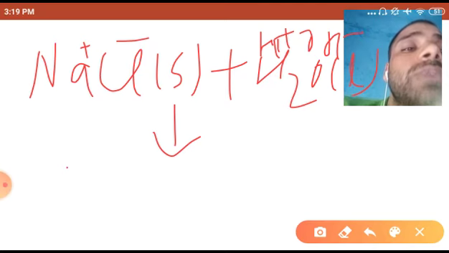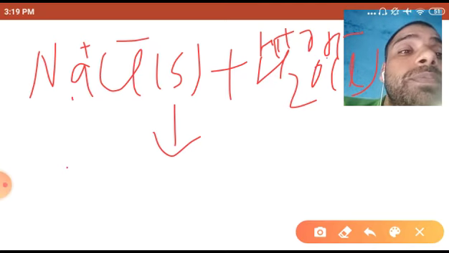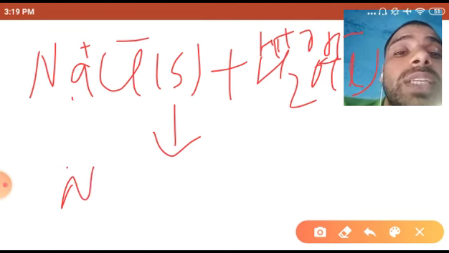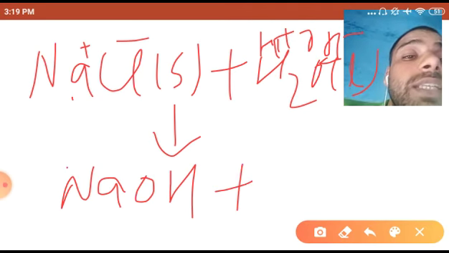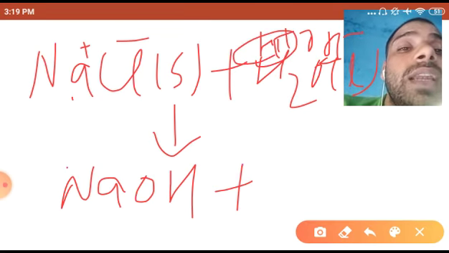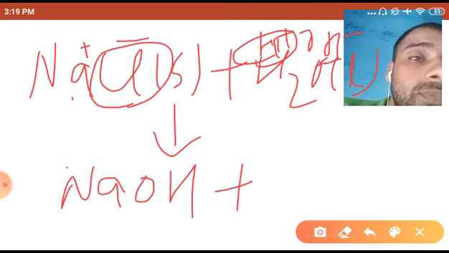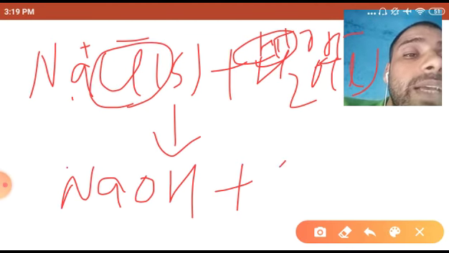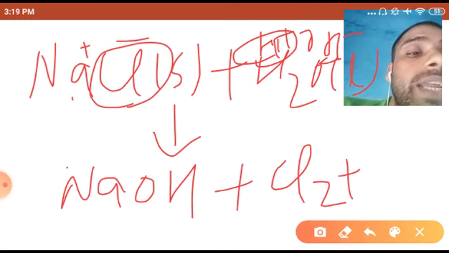So Na+ and OH−, what will it give? It will give NaOH. And instead of forming HCl, we have to form chlorine, Cl2, and H2.